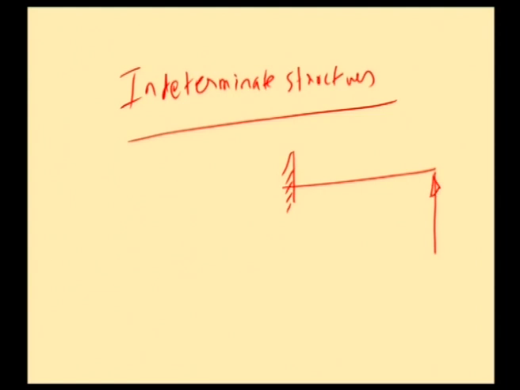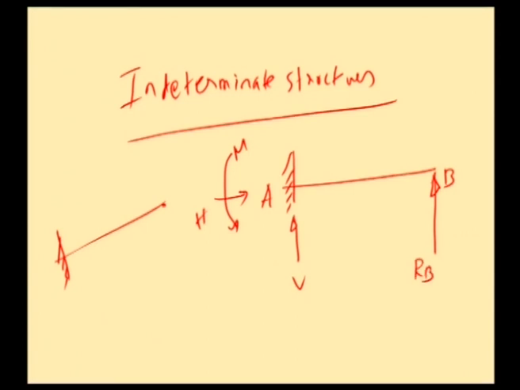So far we have seen only cantilever beams, wherein we do not have any support at the free end. Say this is A and this is B. We have seen that a fixed support will offer three reactions: one vertical reaction, one horizontal reaction, and a moment. Whereas at this support we will have only reaction RB.